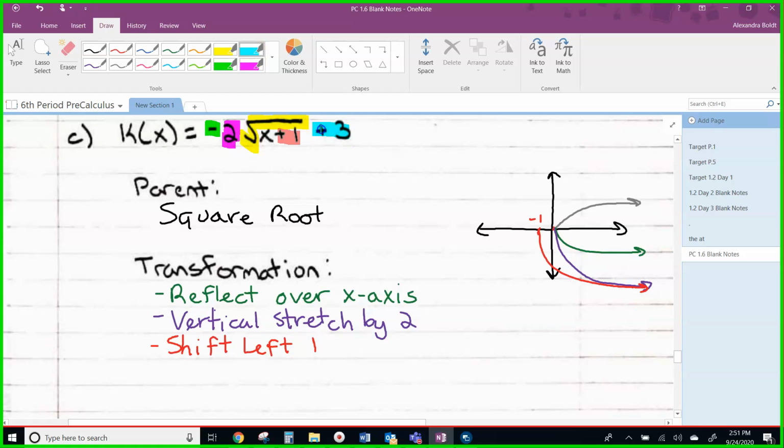And then the final thing we have is this plus 3. It is outside, so something's happening vertically, and it doesn't flip. So it's going to shift up 3. So my starting point is now right here, but I'm going to move it up 1, 2, 3.